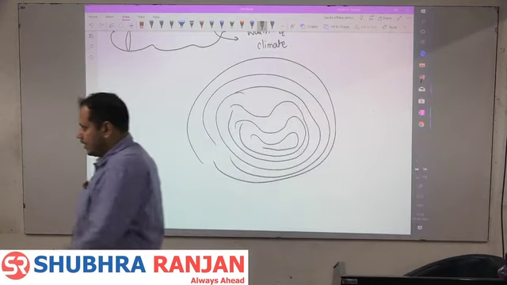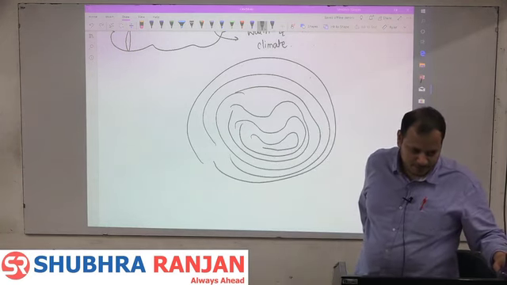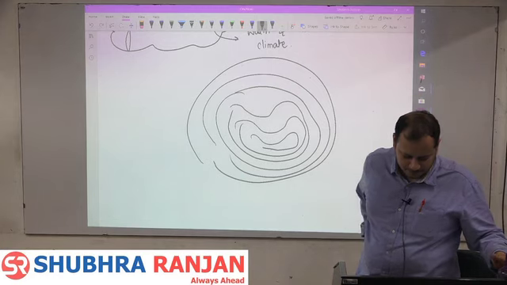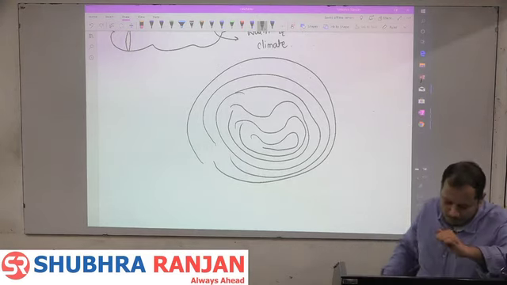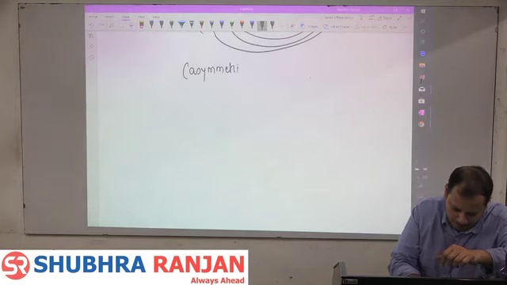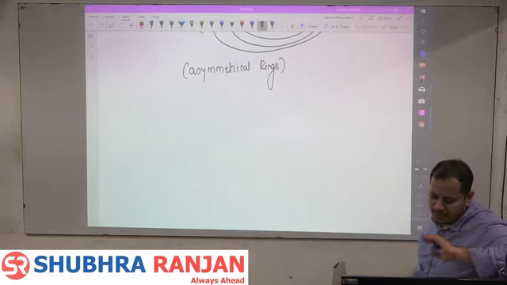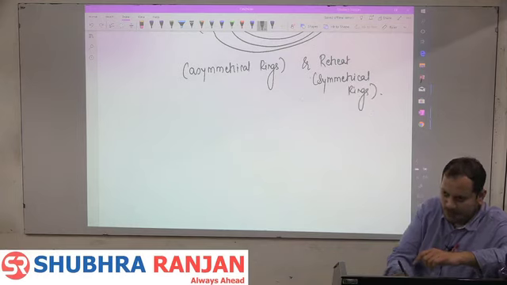Dendrochronology also helps in reconstructing the advances (asymmetrical rings) and retreat (symmetrical rings) of glaciers.